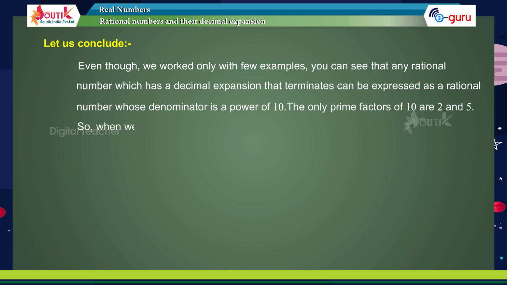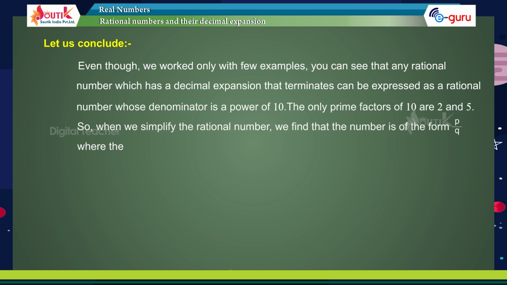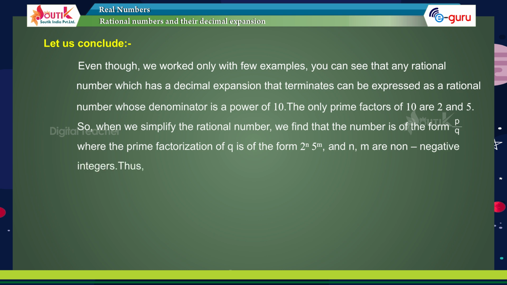So, when we simplify the rational number, we find that the number is of the form P by Q, where the prime factorization of Q is of the form 2 to the power of n, 5 to the power of m, and n, m are non-negative integers. Thus, in this way, we can write our result formally.